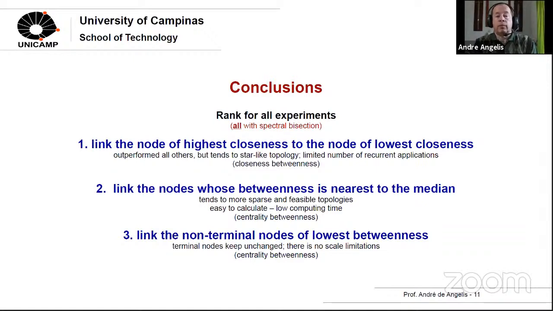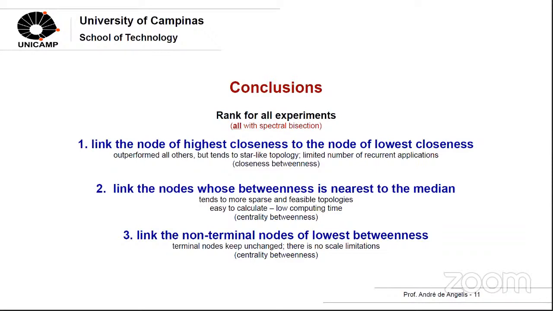But for a lot of new edges, we recommend that you think about the second strategy. It is not so efficient, but we don't have problems with centrality or centralization of the links. Did I answer your question?